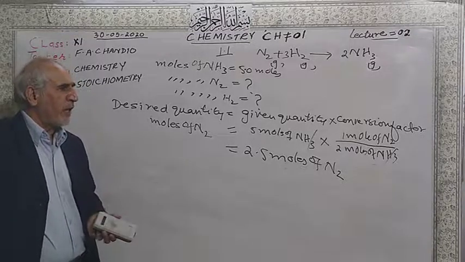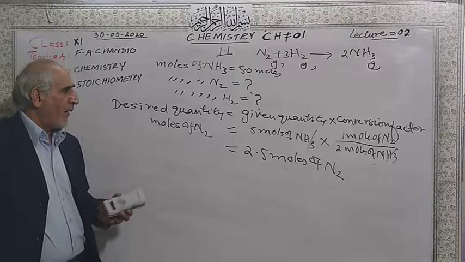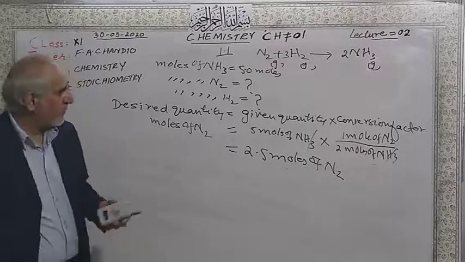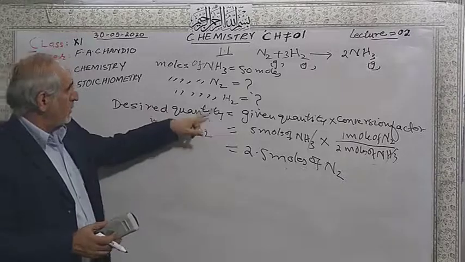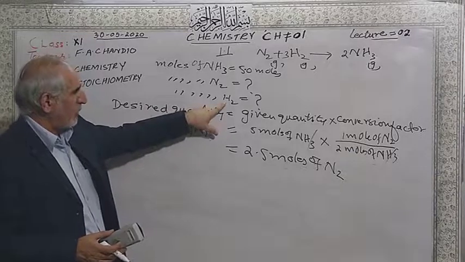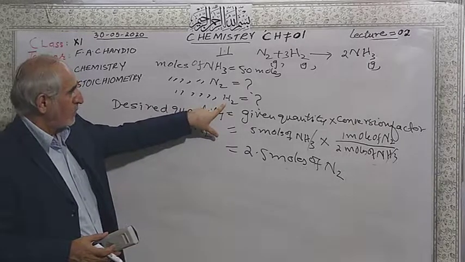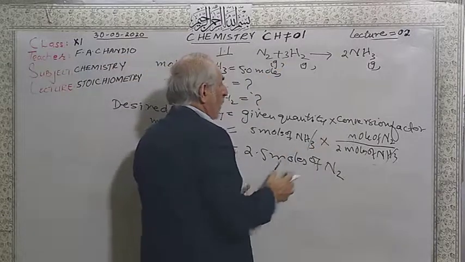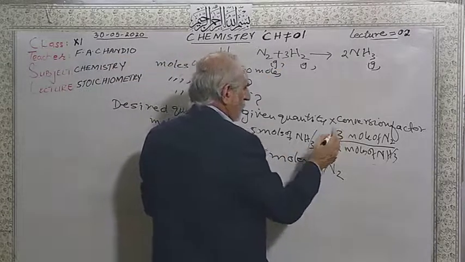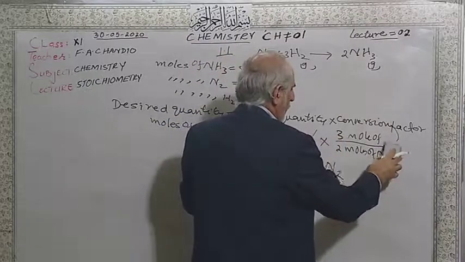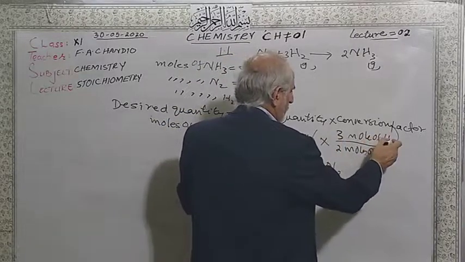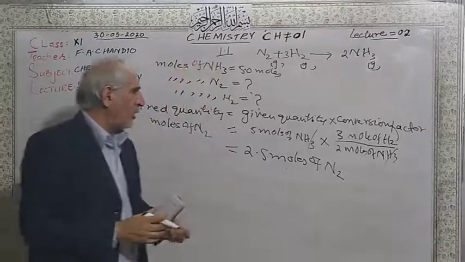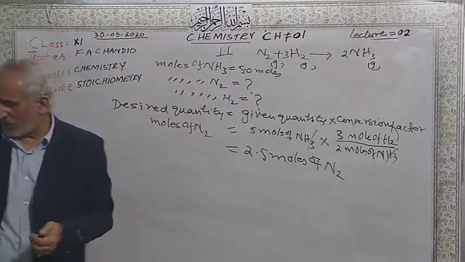Given quantity multiplied by conversion factor. And the same case for the number of moles of hydrogen. So just change here: 3 moles of hydrogen. Here only you have to change it.